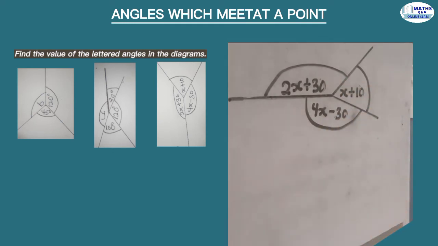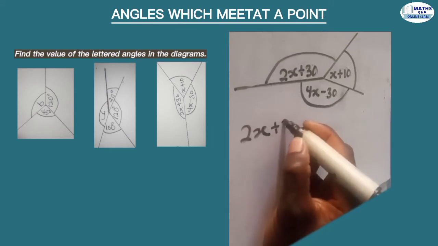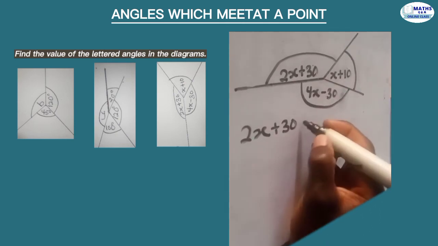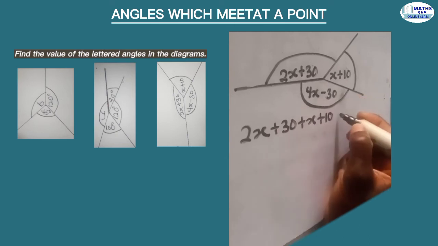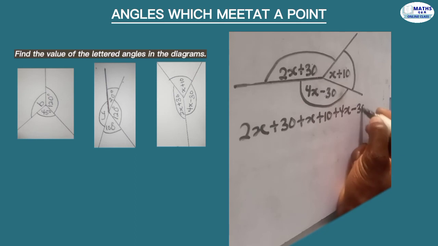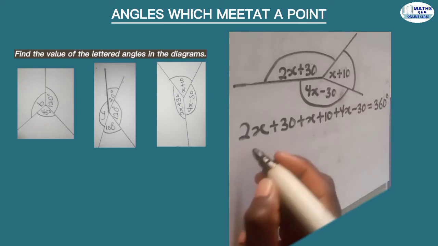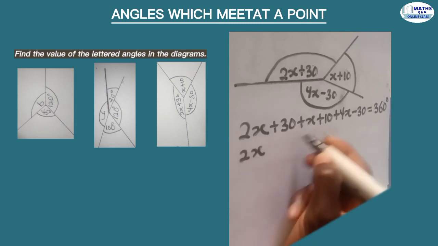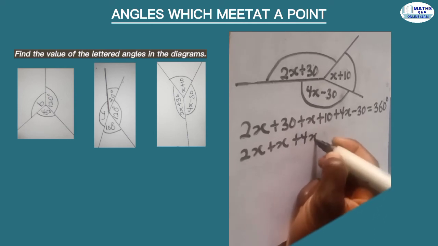360 degrees. Okay, so we have 2x plus 30, then we come here, plus x plus 10, then we come here, plus 4x minus 30, right? Good. And all of these will be equated to 360 degrees. Now let's rearrange this side. We have 2x plus x plus 4x.